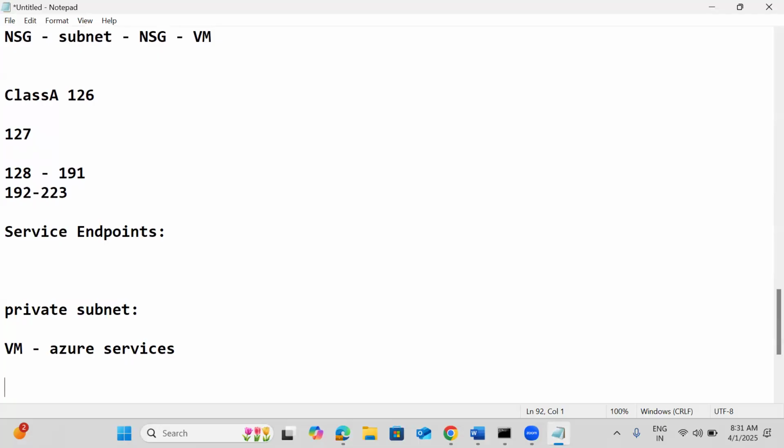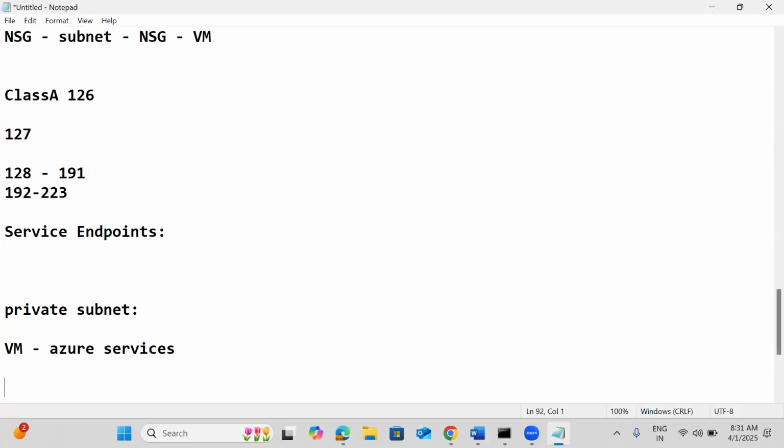Service endpoints provide a private network and direct route from the VNet to services such as storage, SQL, Cosmos DB, or Kubernetes.